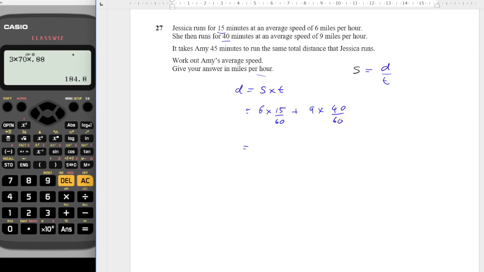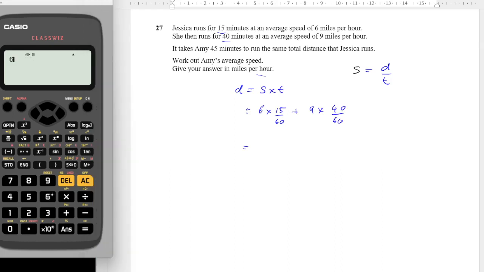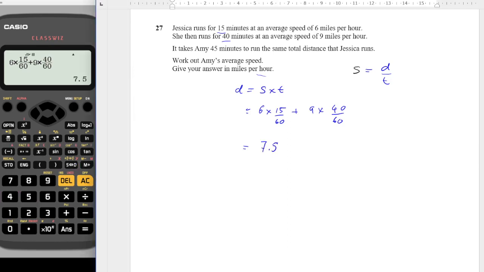I'm going to use my calculator and do that as one sum. So 6 times by 15 out of 60 plus 9 times by 40 out of 60. So she travels a distance of 7.5 miles.